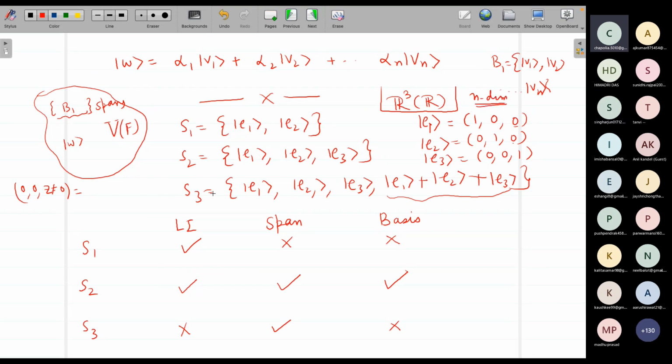S3 has how many vectors? Four, which is greater than 3. So any set of 4 vectors cannot constitute a basis. And S1 is my m, which is less than n, right?